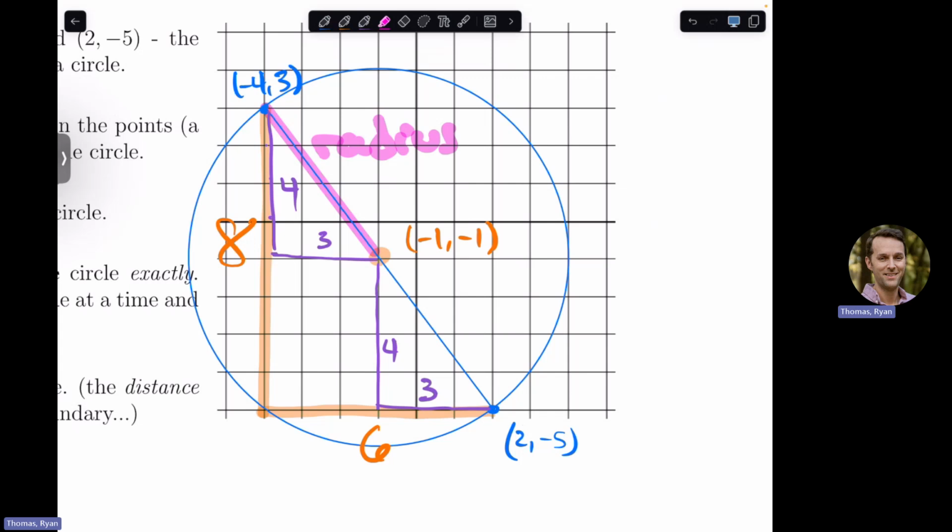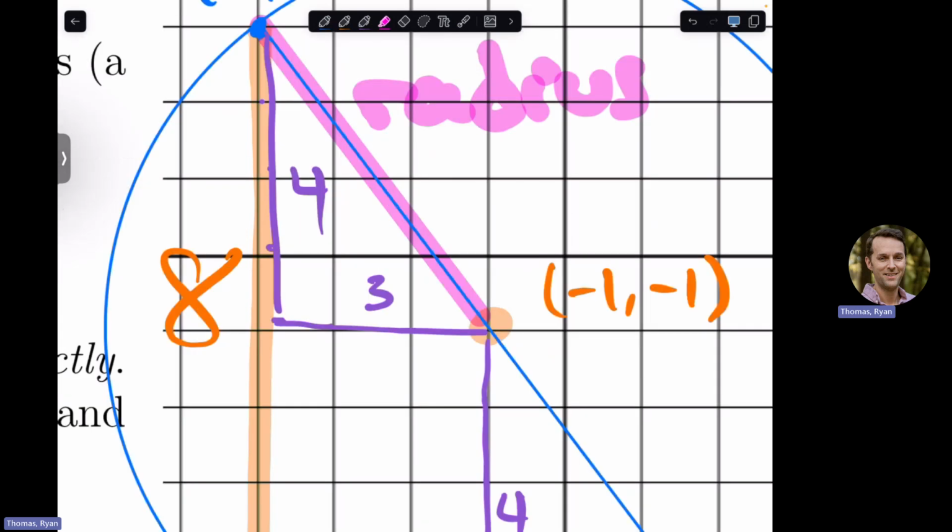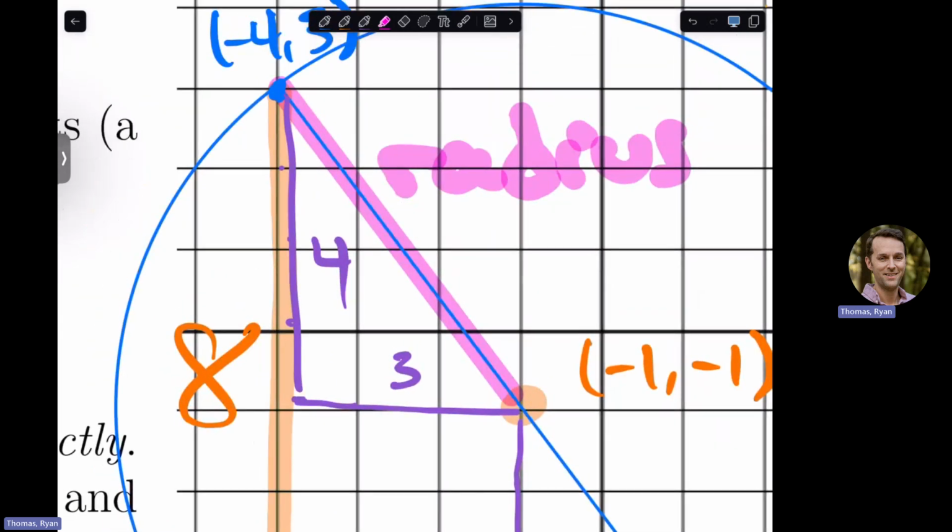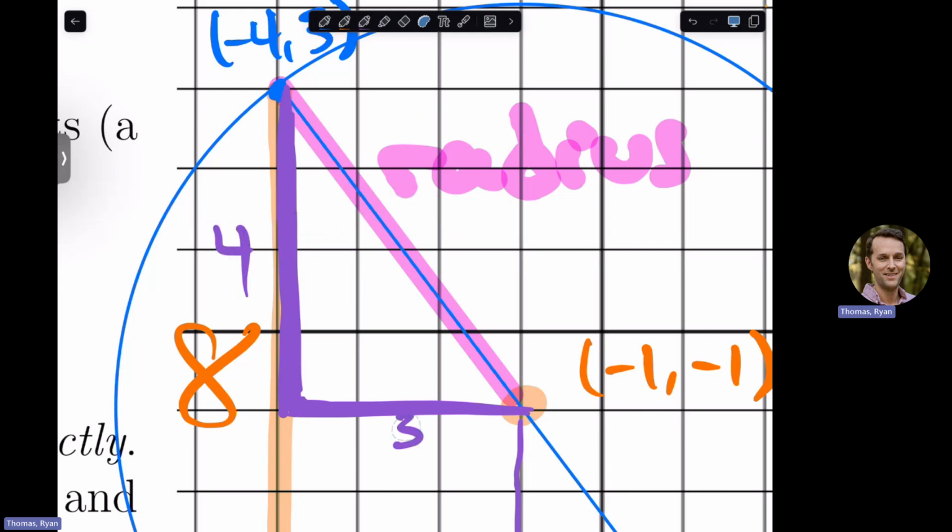Okay. Rise over run. I'm going to zoom in a little bit. We're focusing right here, right? Rise of 4 to a run of 3. Okay, so that tells me about the slope. If I do the rise over run, that tells me how slanty that line is. Doesn't tell me how long it is, though.